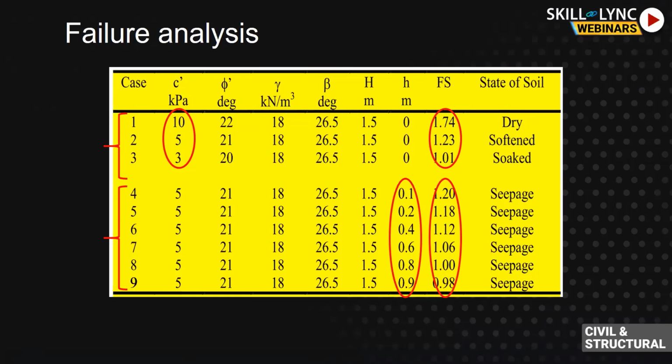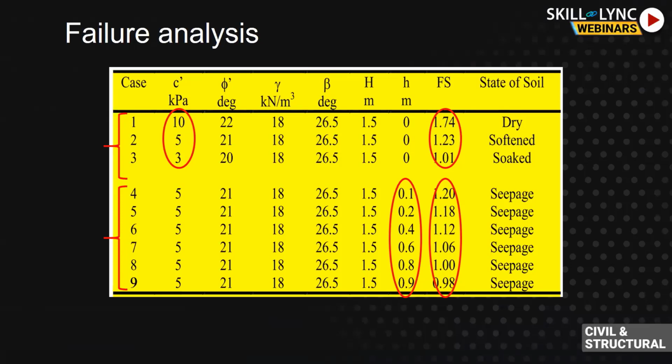For the slope stability basics, we know that if the friction angle of the soil is greater than the slope angle, the slope will not fail. The slope will be stable. Here in this case, the slope is 1:2, and the angle of the slope is 26.5 degrees. If the soil forming that slope has a friction angle of more than 26.5 degrees, the slope will be stable.